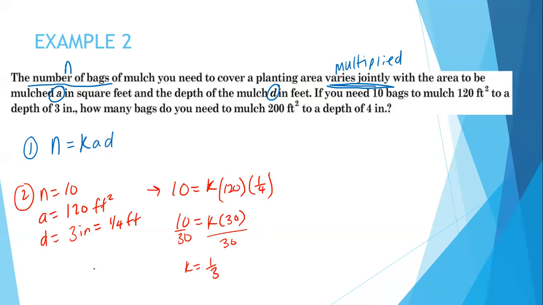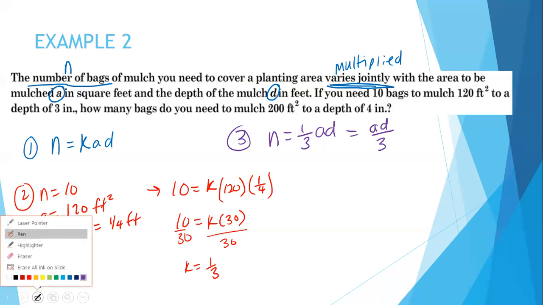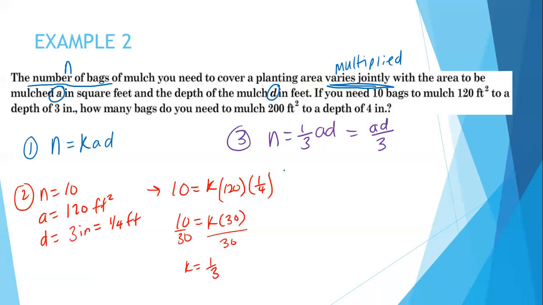Still good? So step 3 is to write our function for this problem. So we know N equals 1/3 times A times D, or A times D divided by 3. So now in step 4, we can answer the problem. Step 4 is saying, how many bags do you need to mulch 200 square feet to a depth of 4 inches?